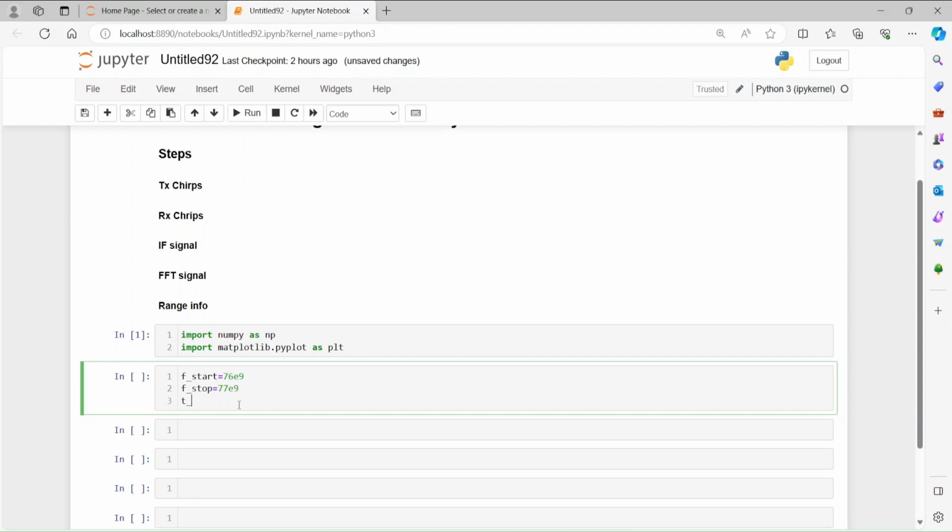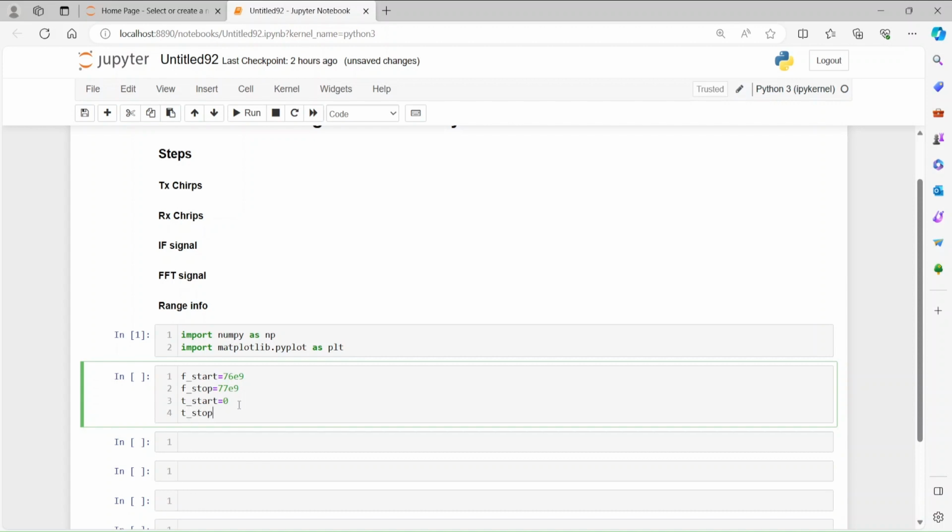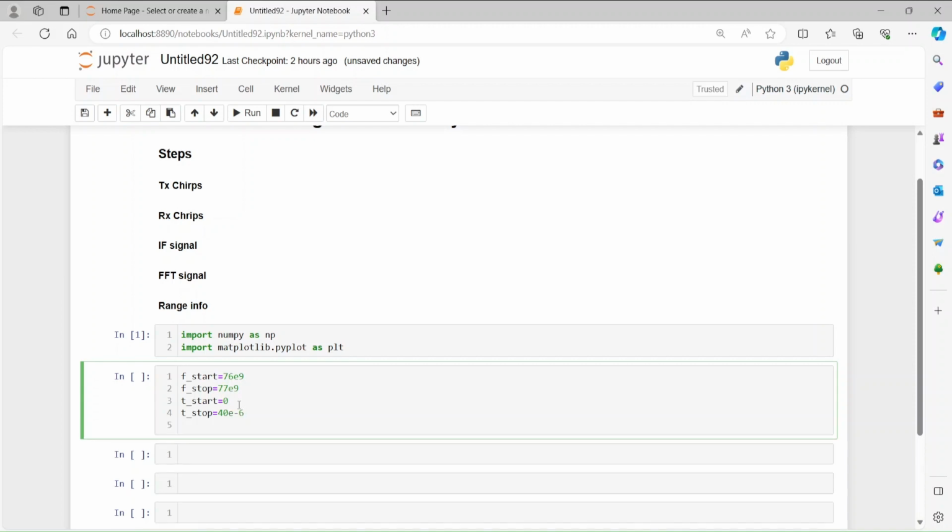And let's say we are starting the chirp at 0 seconds and stopping the ramp at 40 microseconds. From there our total chirp time is t stop minus t start, which is 40 microseconds.